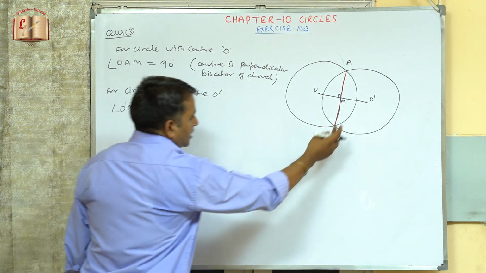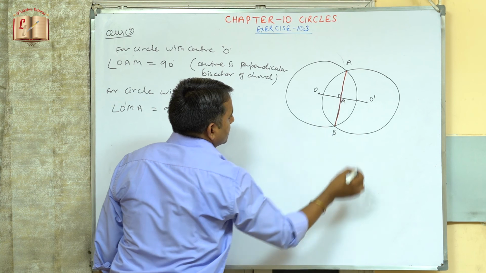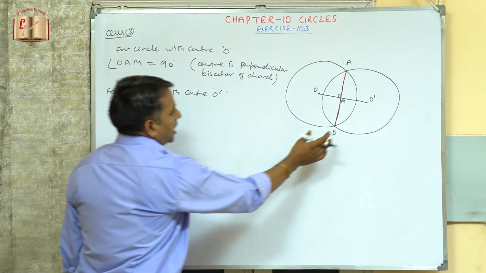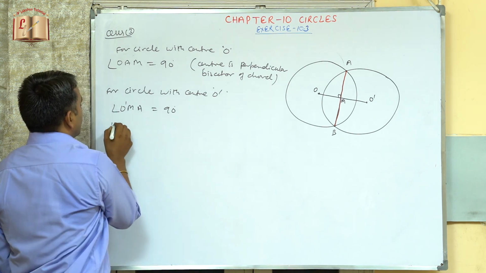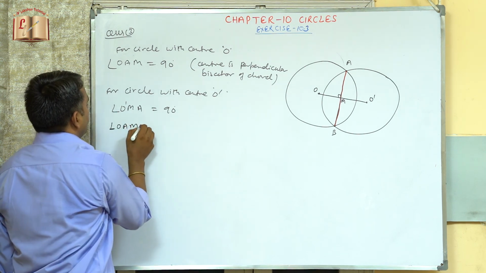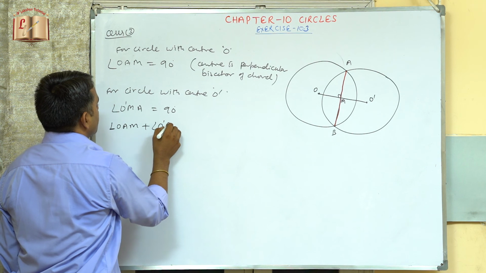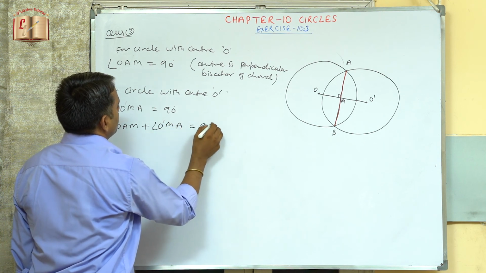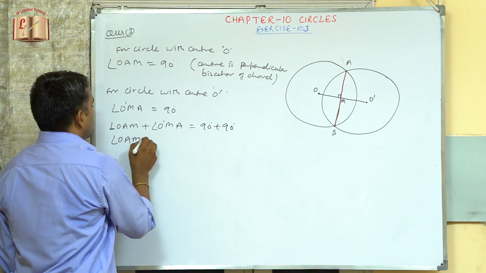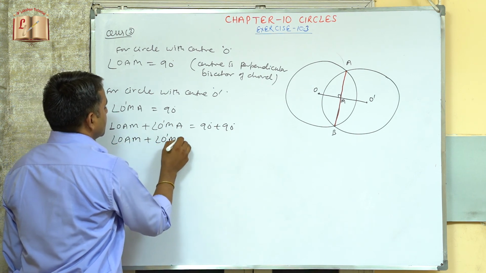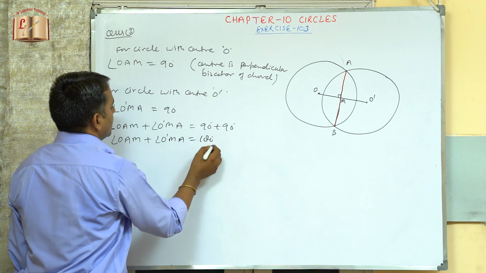Again this is the angle made by the center to the chord, because a line joining the center to this point will be perpendicular. So angle OMA plus angle O dash MA will be equal to 90 plus 90. So angle OMA plus angle O dash MA will be equal to 180 degrees.